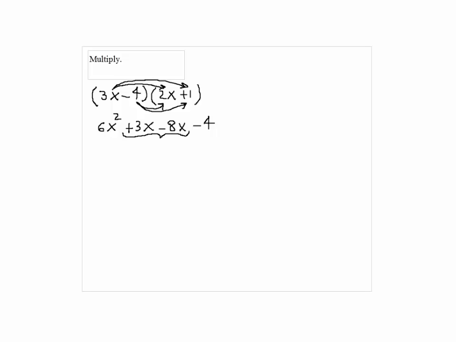And then we multiply minus 4 by each term in the second binomial. That gives you minus 8x minus 4. Then we have to combine like terms. So we have 3x minus 8x, which would be minus 5x minus 4.